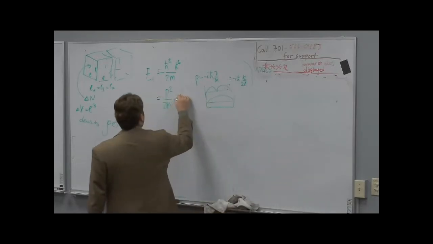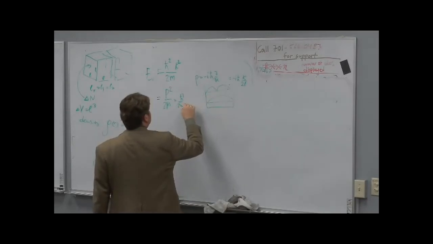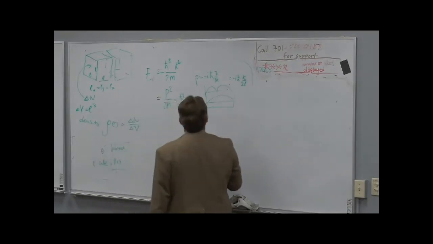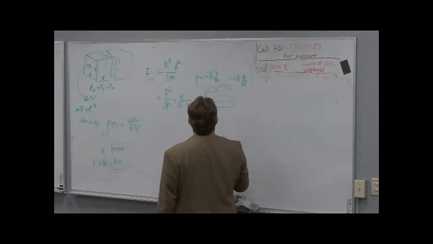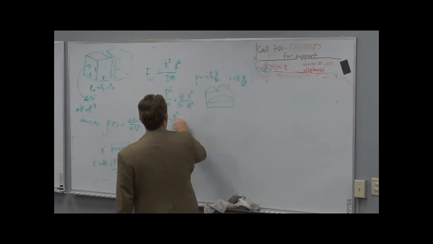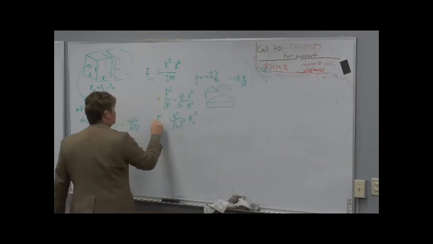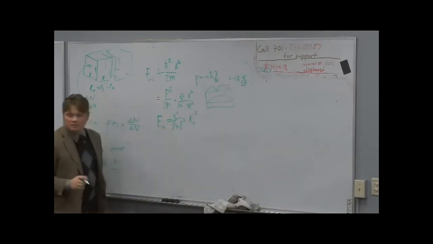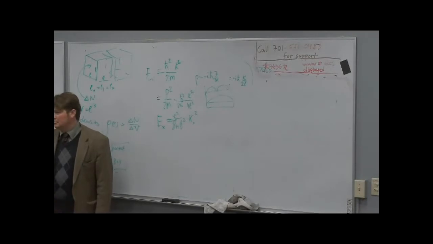So it will be h bar squared over 2m, and now we will have 4L squared, k squared, so h bar squared over 8m L squared times kx squared. So it is for a one-dimensional box. Make sense? We do not see errors. Maybe I do not need to edit the video.